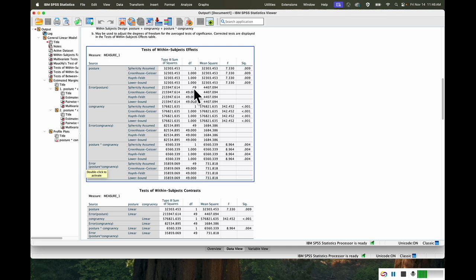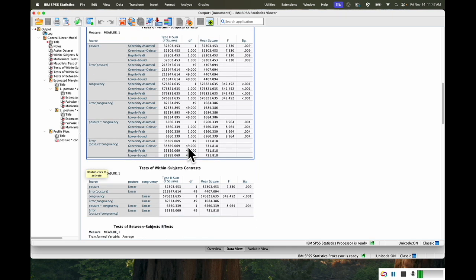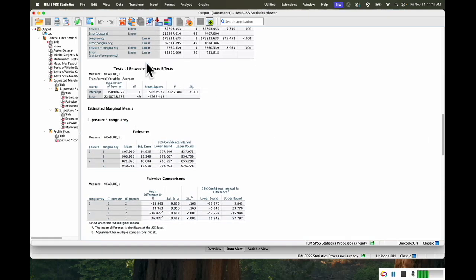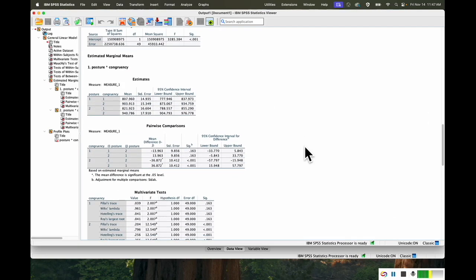This stays consistent here because you multiply the number of participants minus 1 times the number of groups or factors involved. So you can see there's a significant effect here. So we're going to definitely want to follow that up. We don't have any between subjects, so we just skip over that.